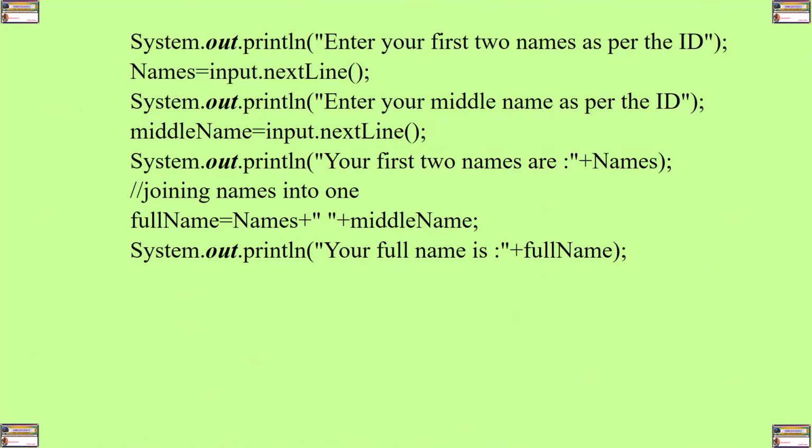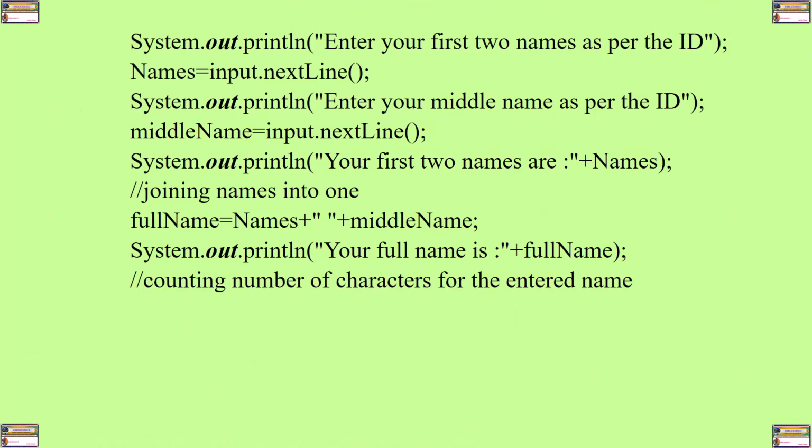If I enter my middle name as Lingera, then the full name will be Julius Lingera Meme. You can also count the number of characters for the entire name using the method length. We shall write it as you can see. It is the content in memory location name, passed to the method called length.